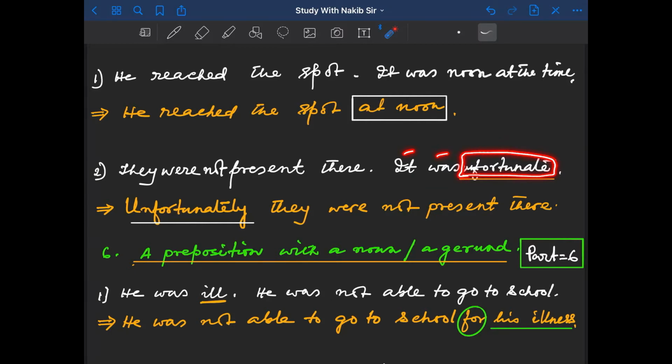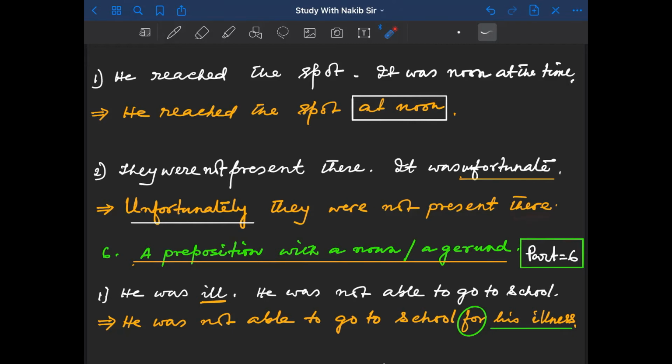Unfortunate is an adjective. So if you add ly, it will become unfortunately, an adverb, and use this unfortunately at the beginning of the first sentence and you will get your combined sentence. Unfortunately, they were not present there.